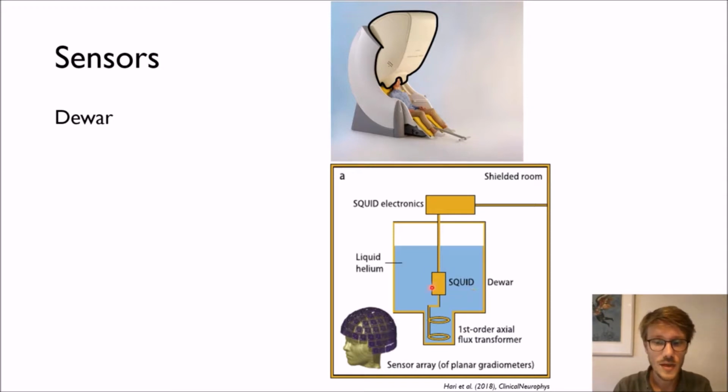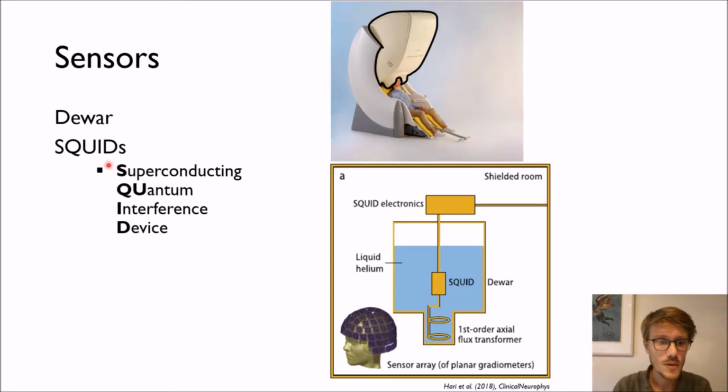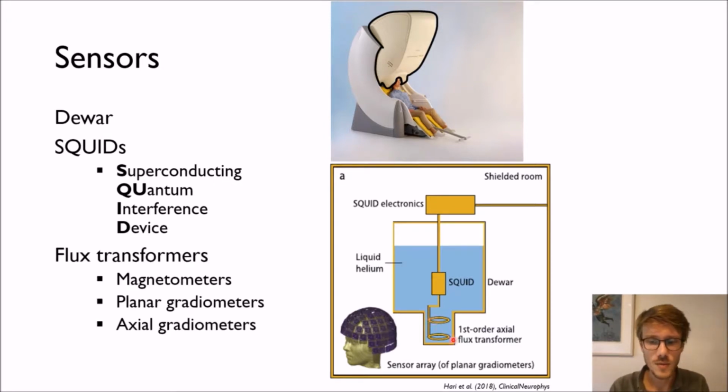SQUID is an abbreviation for Superconducting Quantum Interference Device. And the SQUIDs then are connected to flux transformers. So the transformers, those are the ones that pick up the magnetic fields. And there are several types of flux transformers. We'll talk about them in the next couple of slides. So there are magnetometers, planar gradiometers, and axial gradiometers.